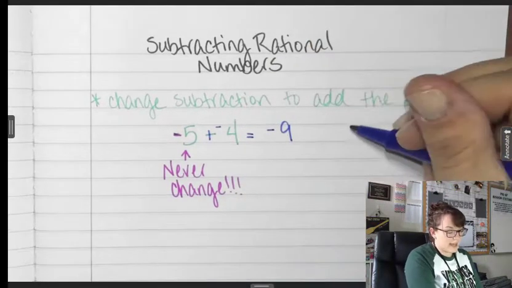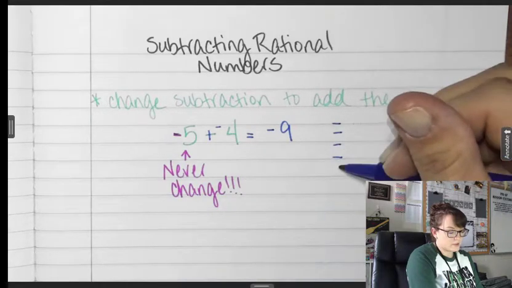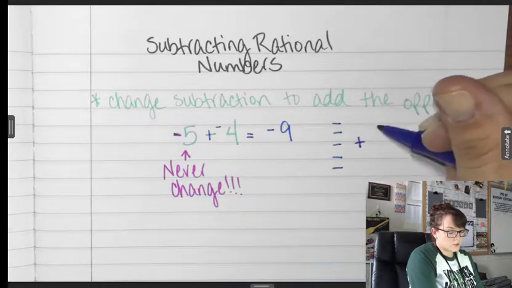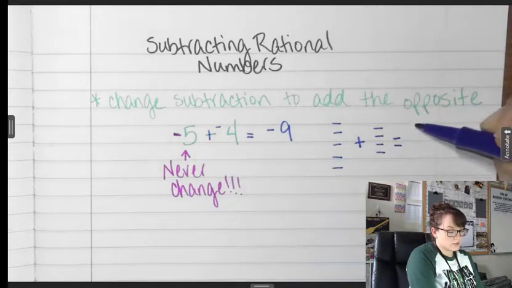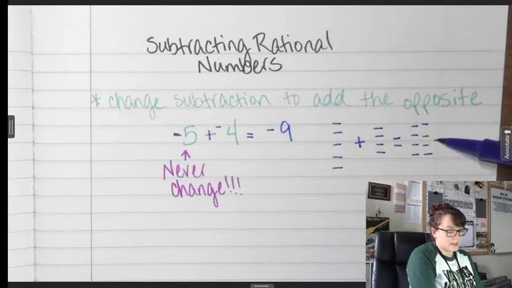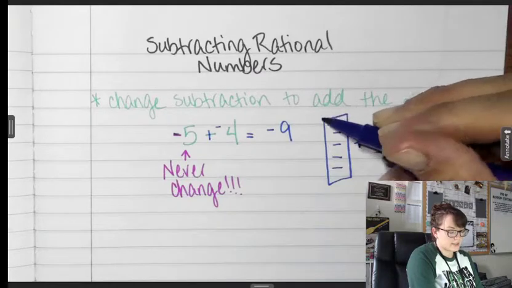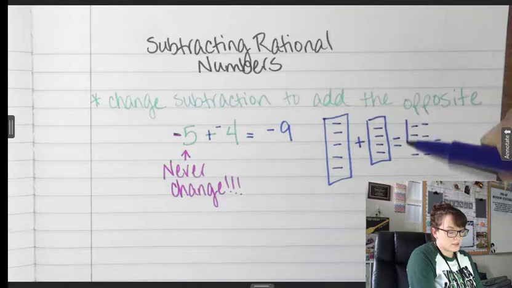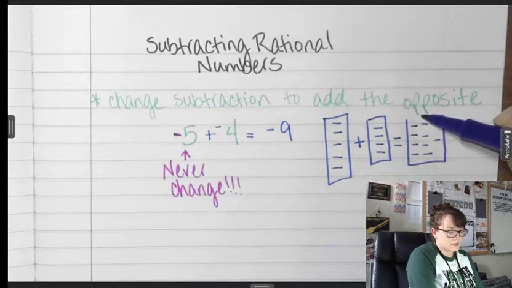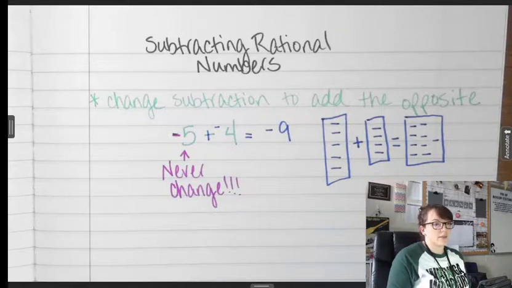You can think about it as 1, 2, 3, 4, 5 plus 1, 2, 3, 4 equals 1, 2, 3, 4, 5, 6, 7, 8, 9. That got kind of confusing, that's lots of lines. 5 negatives plus 4 negatives equals 9 negatives. They're all on the same team. They get along. They're going to fight for the same side.